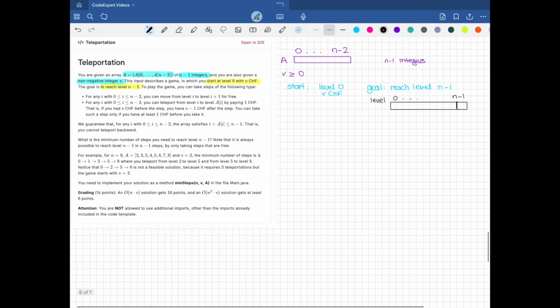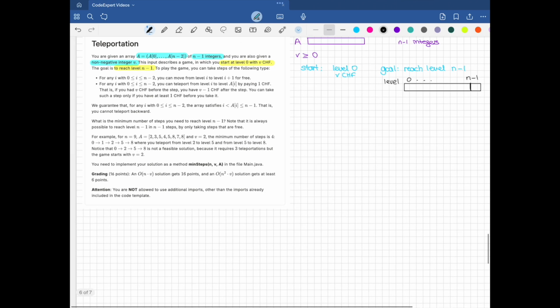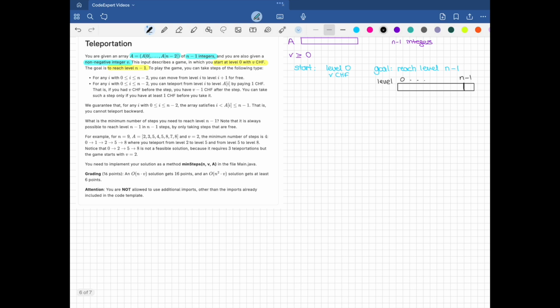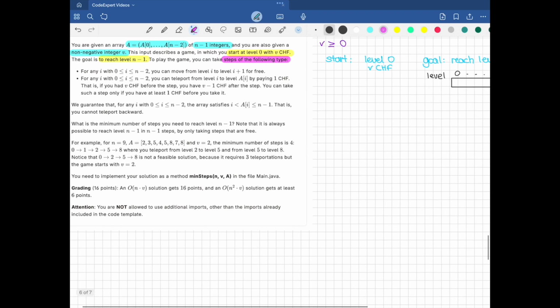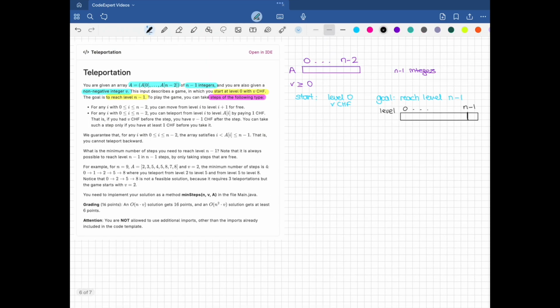Okay, we are probably gonna jump around this. So, to play the game, you can take steps of the following type. We will probably construct our recursion from this. So let's read really carefully.